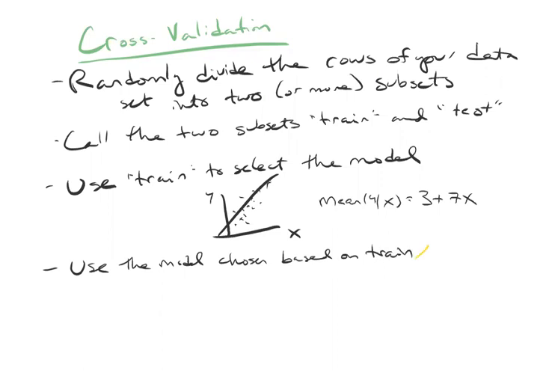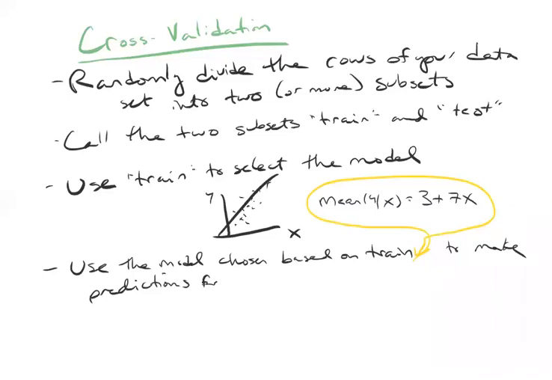In other words, this model right here, to make predictions for the rows in the other subset of your data.